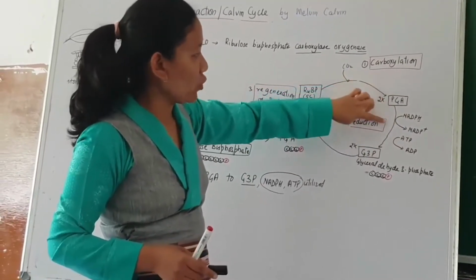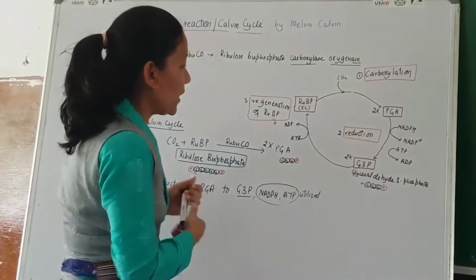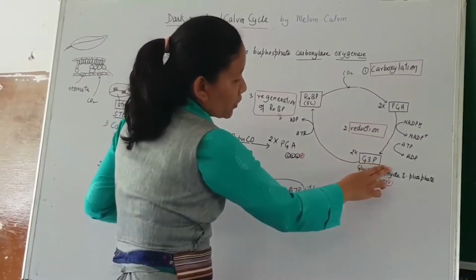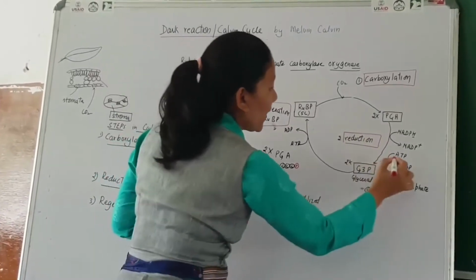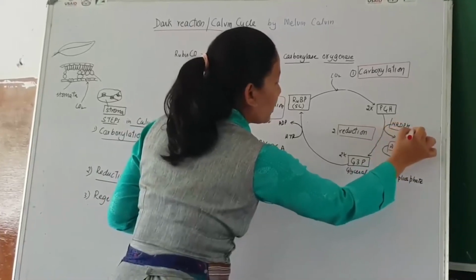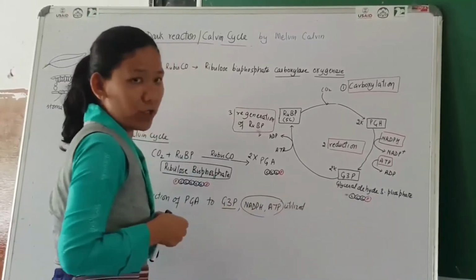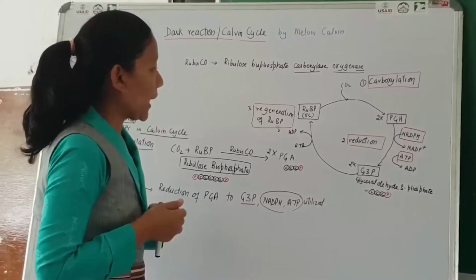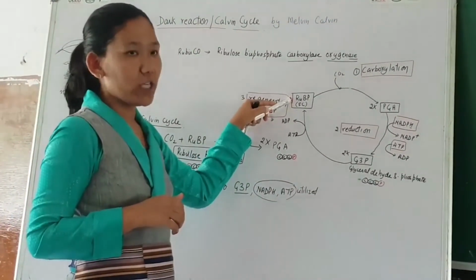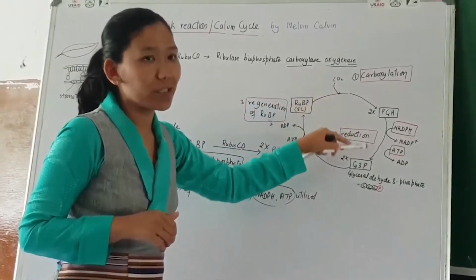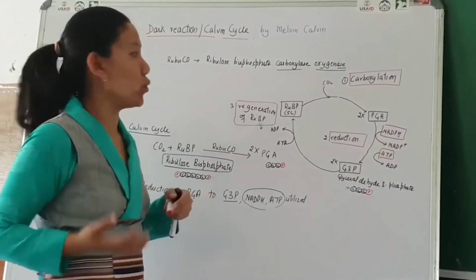Each PGA undergoes reduction to form glyceraldehyde 3-phosphate, with the utilization of energy: ATP and NADPH are utilized here. This glyceraldehyde 3-phosphate must again undergo change to form the acceptor of carbon dioxide, so that the cycle can continue and the plant can continue to trap carbon dioxide to synthesize glucose.